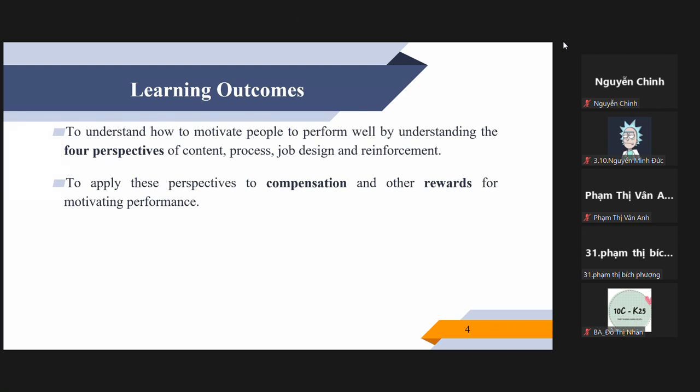So not only one perspective, we will look at the 4 perspectives in total: the content perspective, the process perspective, job design perspective, and reinforcement perspective. The second one, we will talk about the application of these perspectives to compensation and other rewards for motivating performance. So let's talk about theory first, and then talk about the application of these theories.